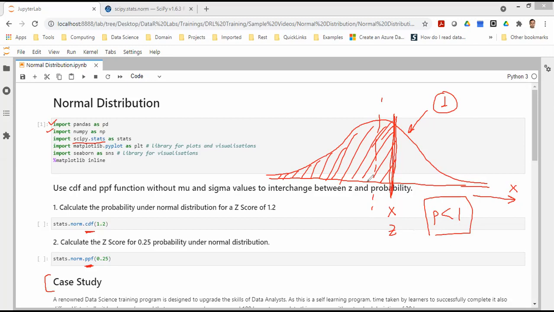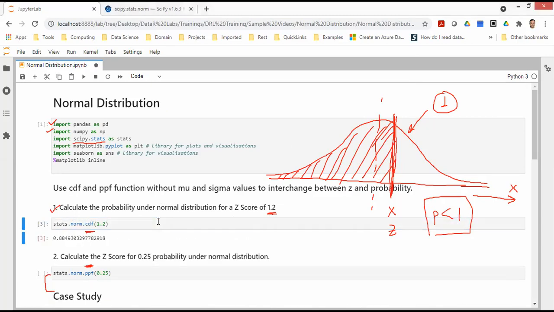And this probability in Python can be calculated using this CDF function. So for instance, in this first point, if I want to calculate the probability under normal distribution for a z-score of 1.2, I simply give 1.2 as an argument to CDF, which will eventually help me to figure out this area under the curve.